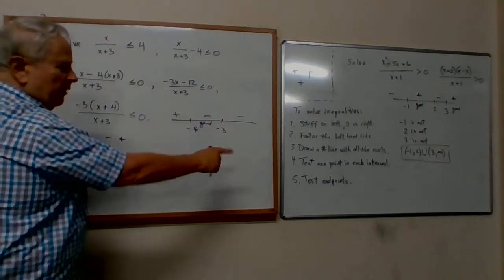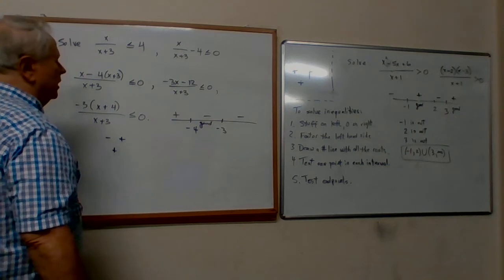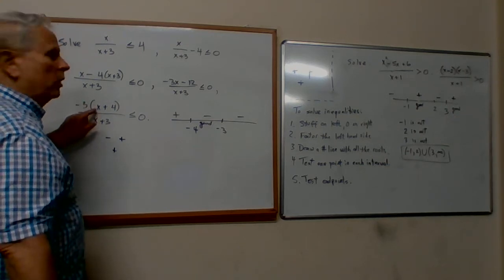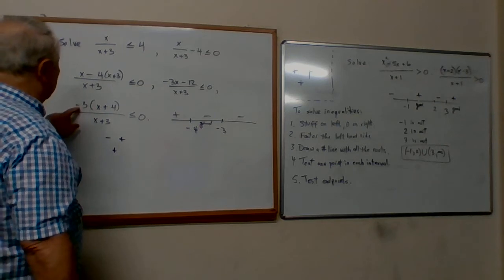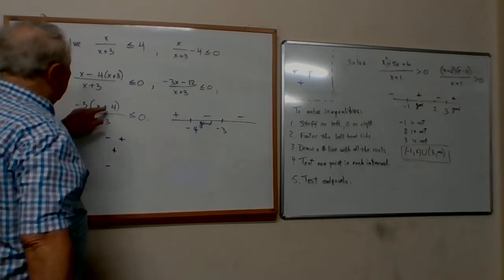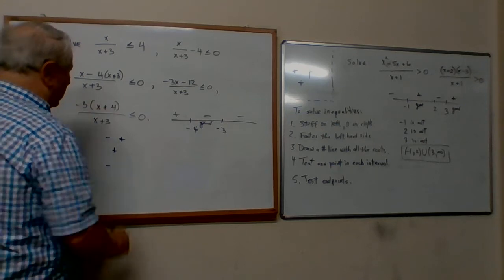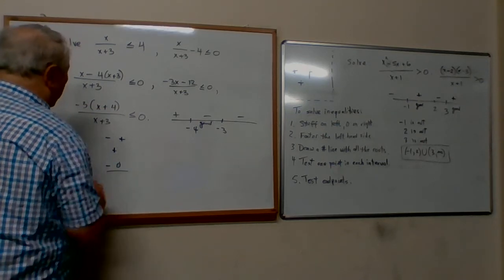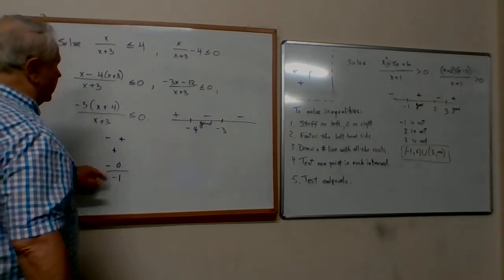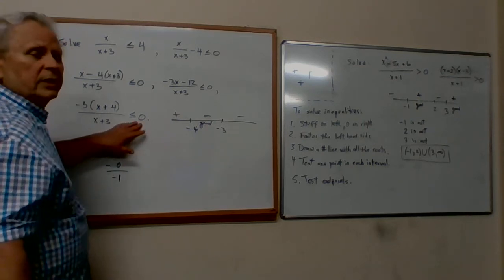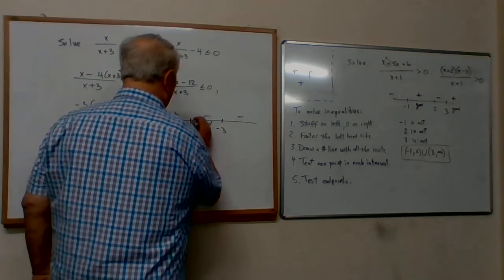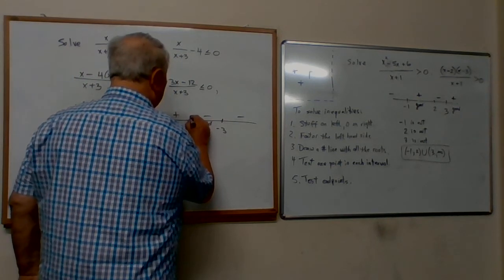But now I still have to test the endpoints. If I plug in negative 4, do I get the truth or a lie? Well, negative 3 is negative 3. But negative 4 plus 4 is 0. Divided by negative 1. So this whole thing comes out 0. Is 0 less than or equal to 0? And the answer is yes. So negative 4 is a good guy.